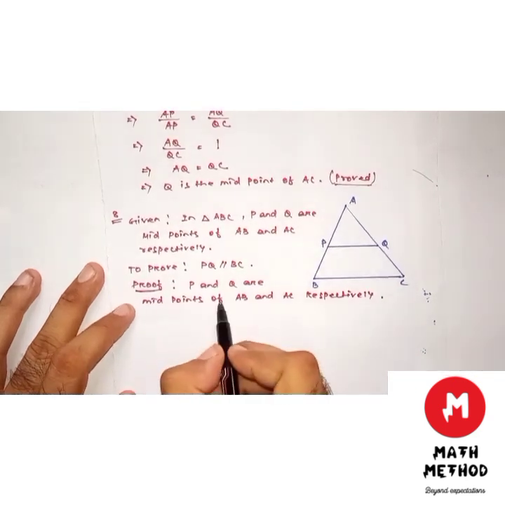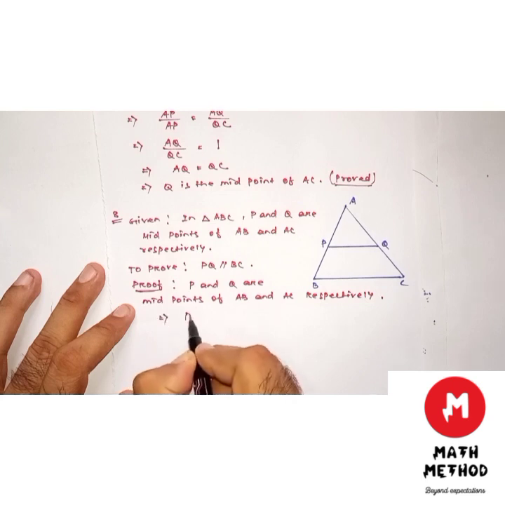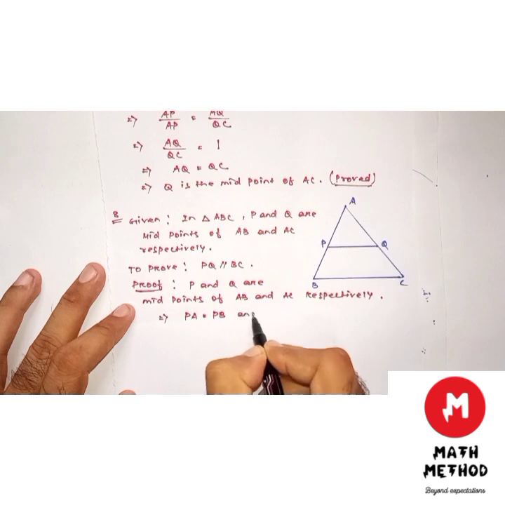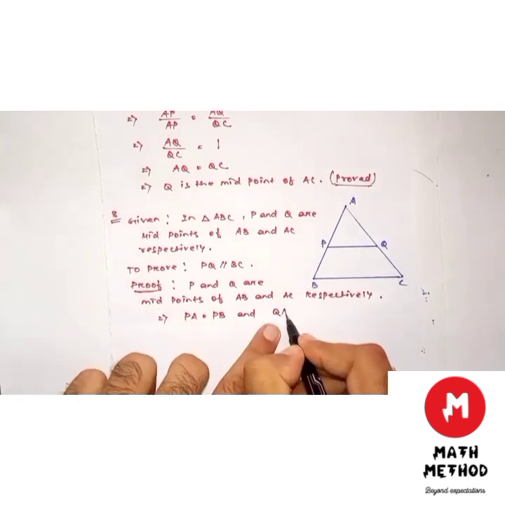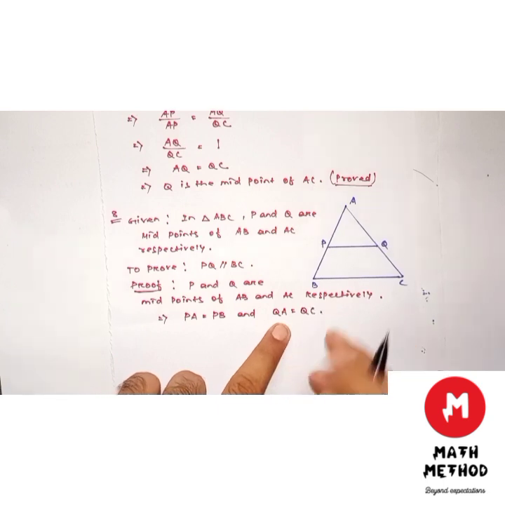Now if P is the midpoint of AB, implies PA is equal to PB, and if Q is the midpoint of AC, implies QA is equal to QC. Clear?